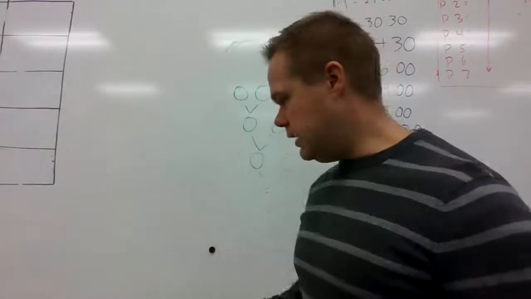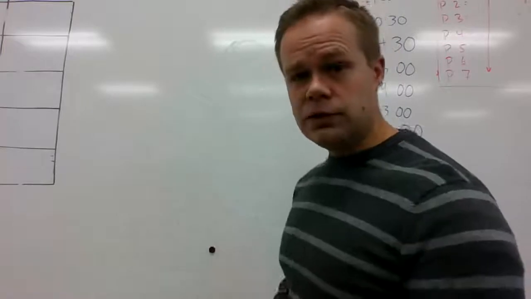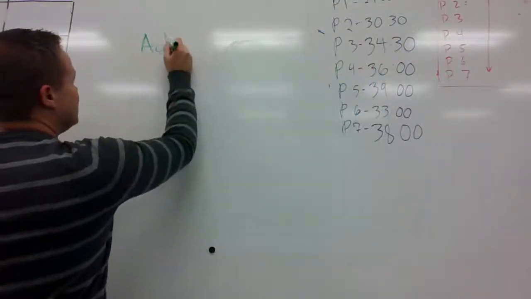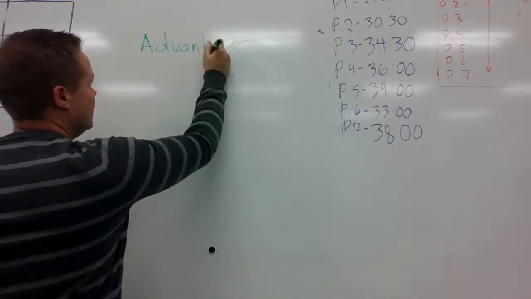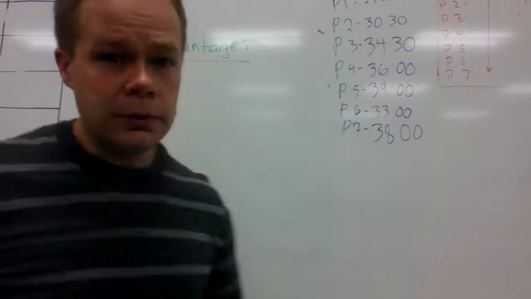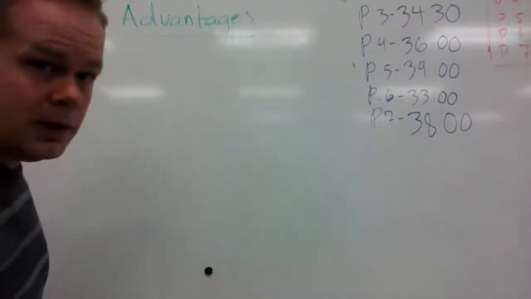But there are some advantages to both forms. So I need you to add this to your notes. Advantages. These are the things that are good. Add this, please, to your reproduction notes. I'm just going to write it on the board today.